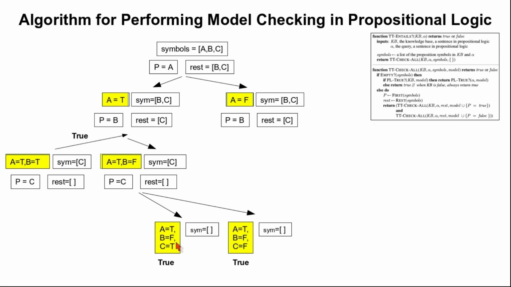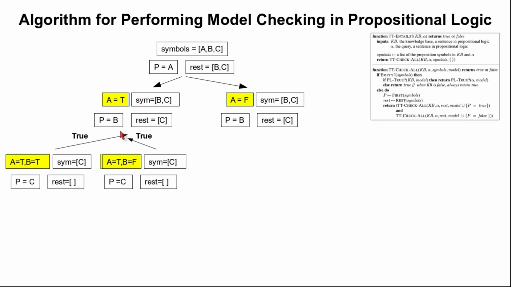If the knowledge base is false, we don't have to check alpha. The same thing will happen for this model also. Let us say the return value for this call is true and the return value for this call is also true. Since both of them are true, this call will return true. And now for this call, since both recursive calls return true, this recursive call will return true to the parent.